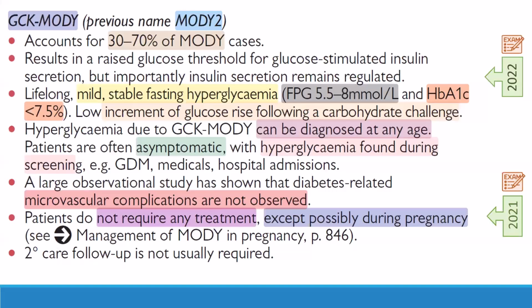And if we do an oral glucose tolerance test, there is mild elevation of blood glucose at the 2-hour assessment. It can be diagnosed at any age. The patient is usually asymptomatic. During pregnancy may require insulin therapy, and of course, microvascular complications are not documented. No treatment is required, except during pregnancy when insulin therapy may be needed.